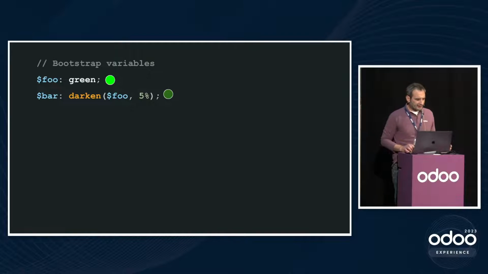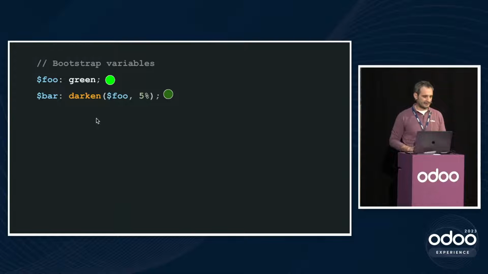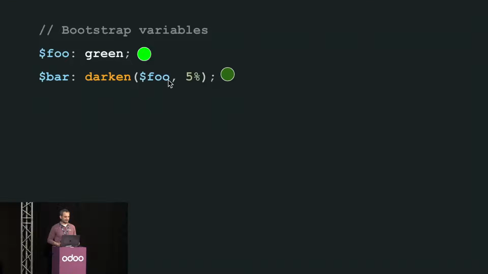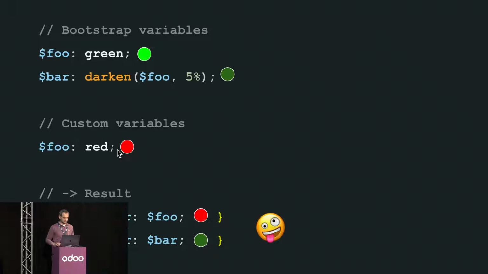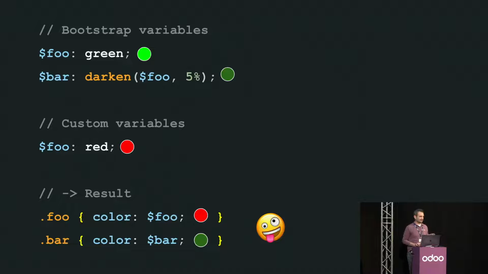So let's assume that we have these Bootstrap variables that are default. We have foo that is green and bar that is a darker variation of foo. Then we inject our custom variables and we override foo, which now becomes red. The result is not what we expected. Indeed, an element that is using the foo variable becomes red, but bar remains green.